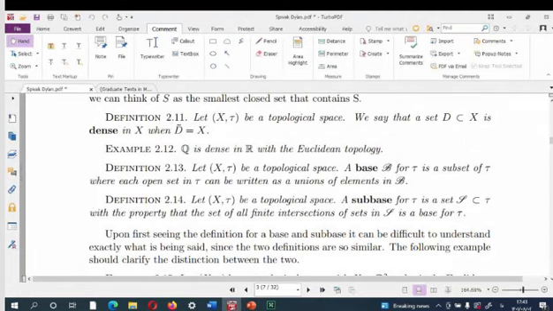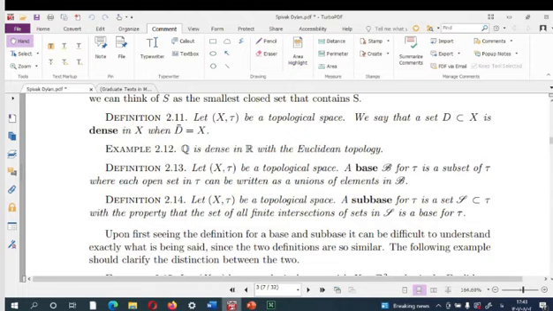A base beta, for example I write S, for tau is a subset of tau where each open set, any element in tau, can be written as a union of elements in beta.